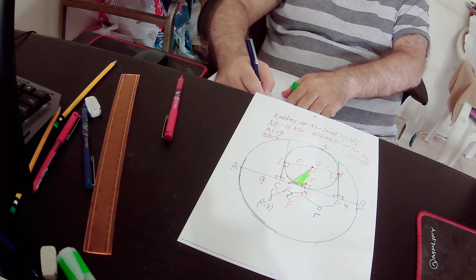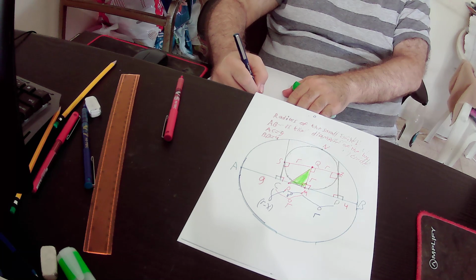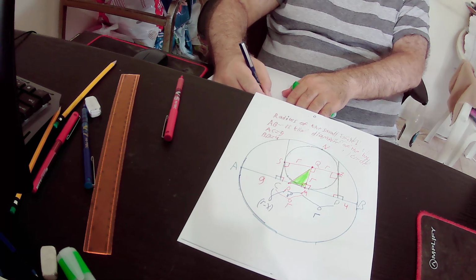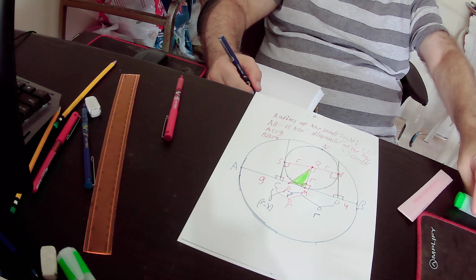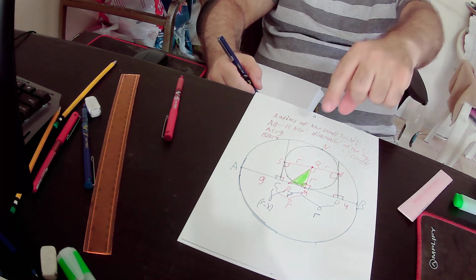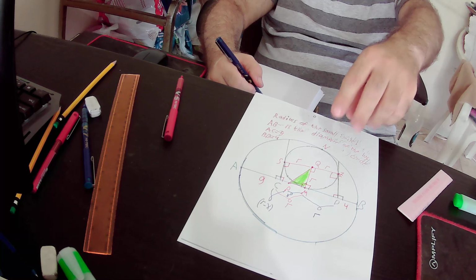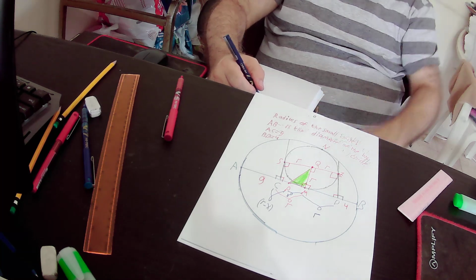Actually, you can implement the Pythagorean theorem in the right triangle QMP. According to the Pythagorean theorem, the square of the hypotenuse equals the sum of the squares of the perpendiculars.